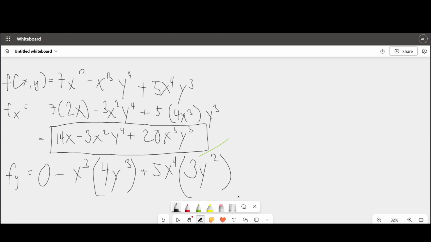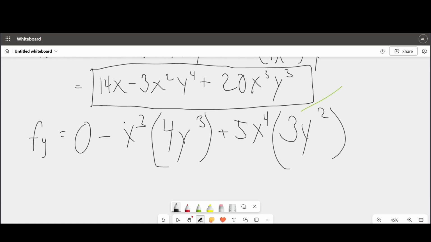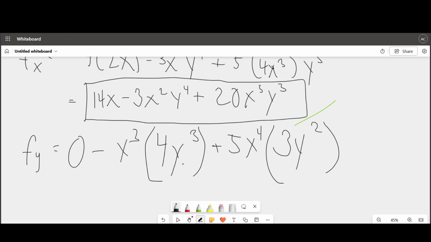I believe that is the correct answer. I believe that is the correct answer. Yes. Okay. So we're just going to see if my answer is correct. Yes, it is correct. Okay.